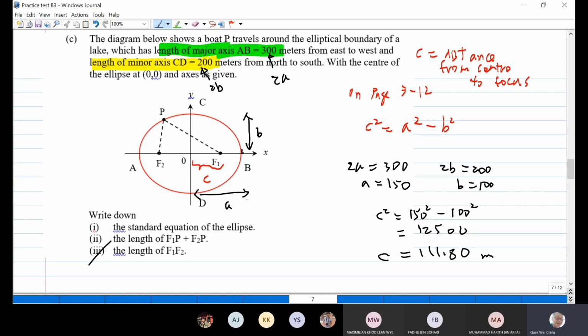The length of F1F2 is 2 times this, 2 times C. So for F1 or F2, this one is 111.80 times 2, which is 223.6. Okay, 224 meters.